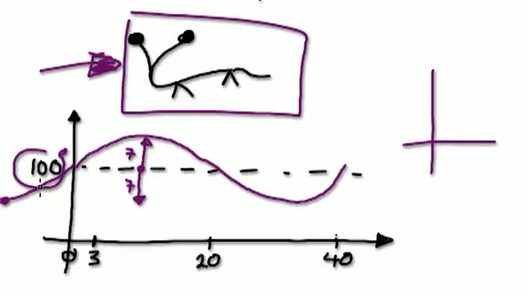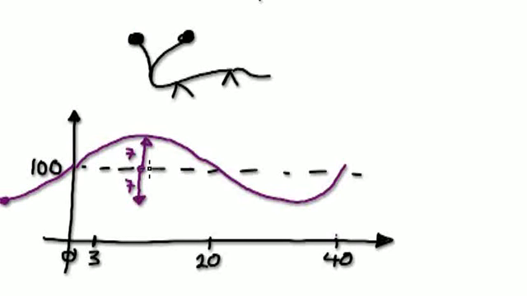So your job is to model the body temperature of this animal. It hovers around 100 degrees Celsius, and it deviates by 7 degrees above, and it will drop by 7 as well.